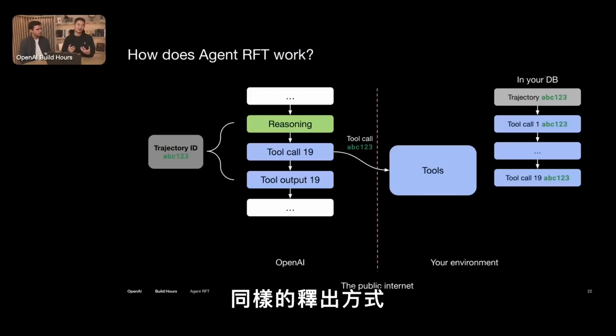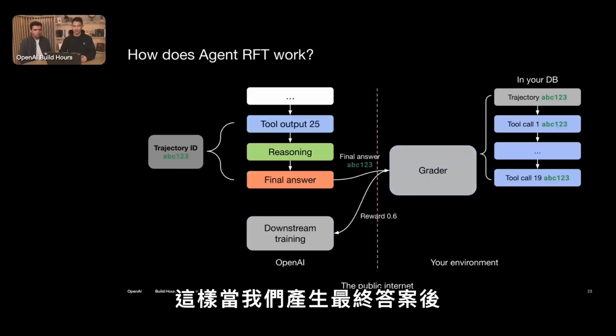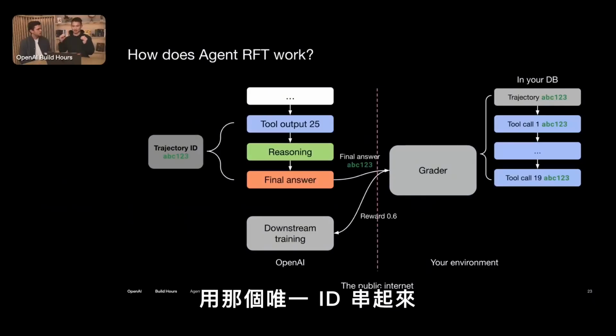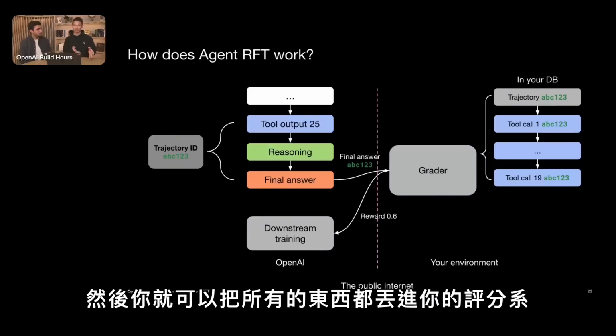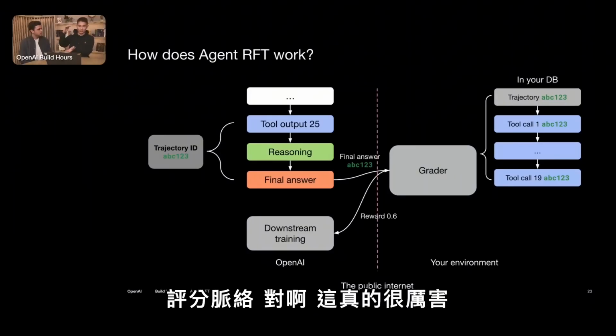This can allow you to keep track of rollouts as they happen, which could be important for state management if you choose. You can do this in your own database or in your own backend. So that when we emit the final answer and then call your grader, you can attach all the context from the agent to the final answer through that unique identifier, and then pass all of it into your grader. And you can have a very holistic grading context.